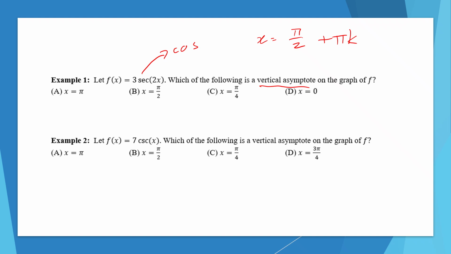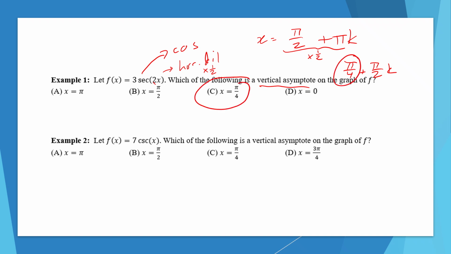Taking a look there, we now see 2, which is a horizontal dilation by a factor of 1/2. So we're going to take this whole equation and multiply it by 1/2. We then should get pi over 4 plus pi over 2 k. And then seeing which one of these fits, I see pi over 4. So that should be our answer for example 1.